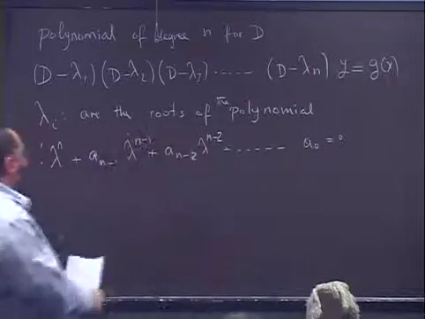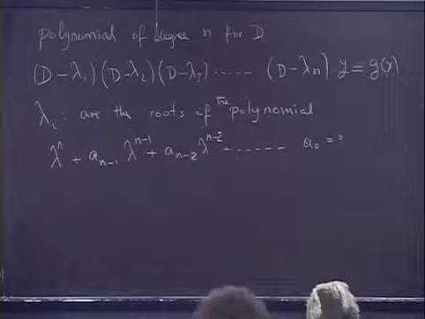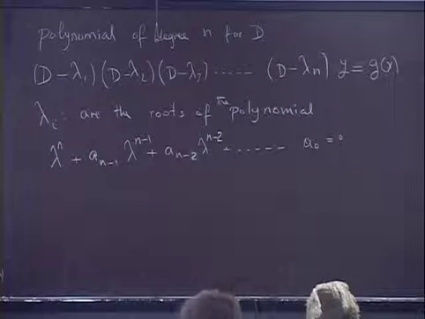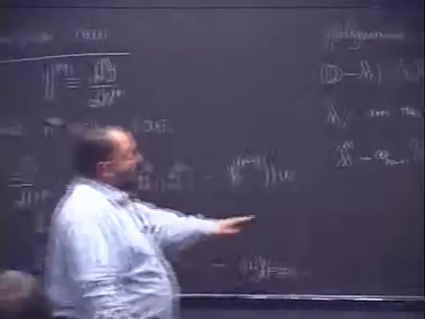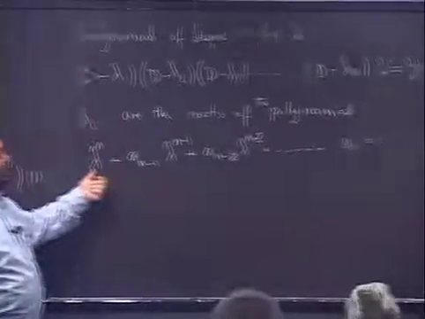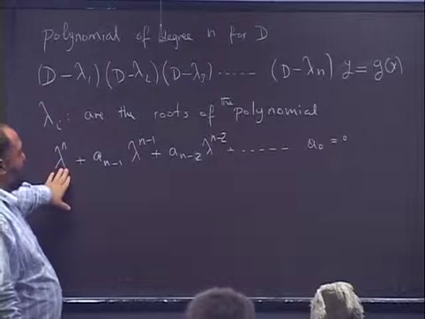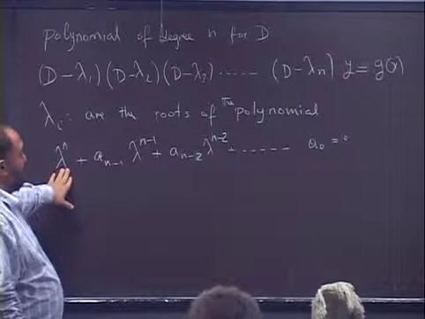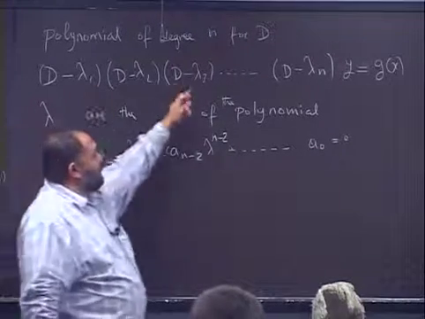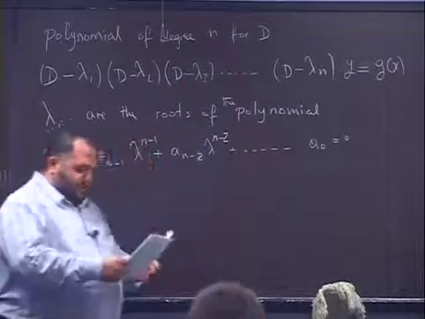So if you just replace D with the symbol lambda, this is a polynomial of degree n in lambda. Solve it, and get the n roots of this polynomial. The n roots will be lambda 1, lambda 2, lambda 3, lambda 4, and so on.